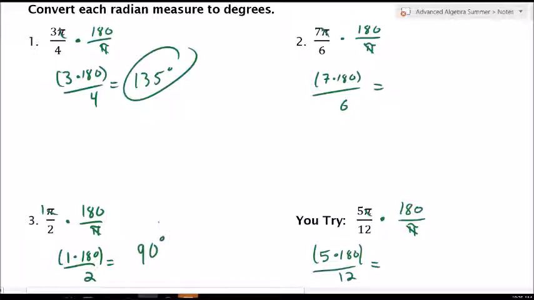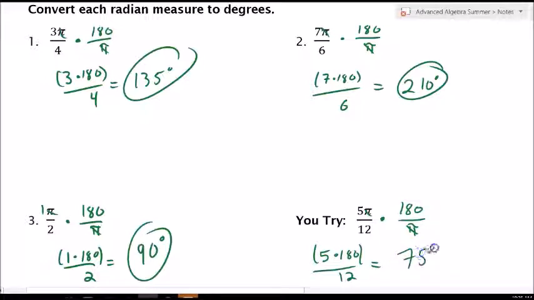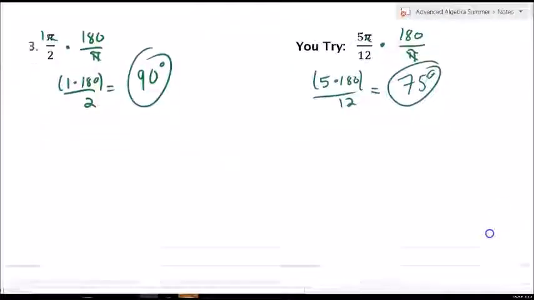And 7 times 180 over 6 gives us 210 degrees. And lastly, 5 times 180 divided by 12 gives us 75 degrees. So again, those are just formulas to keep handy while working through these problems. Moving on.